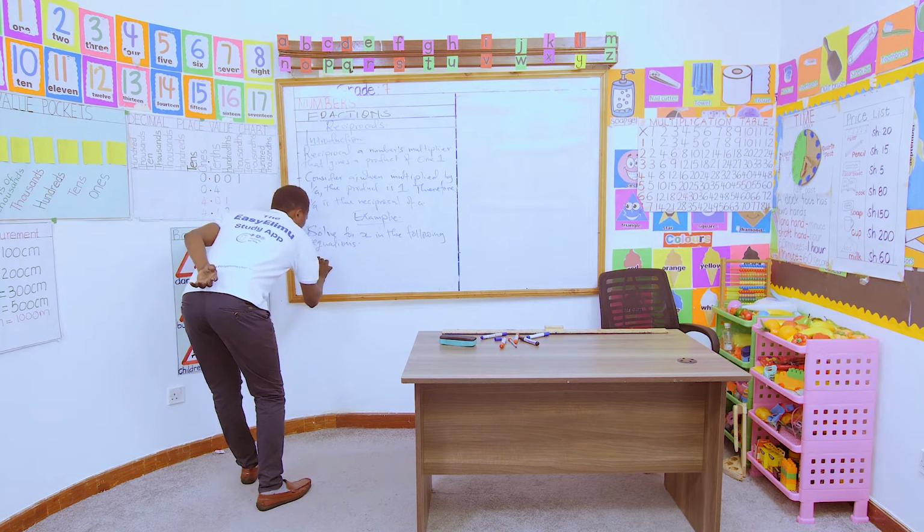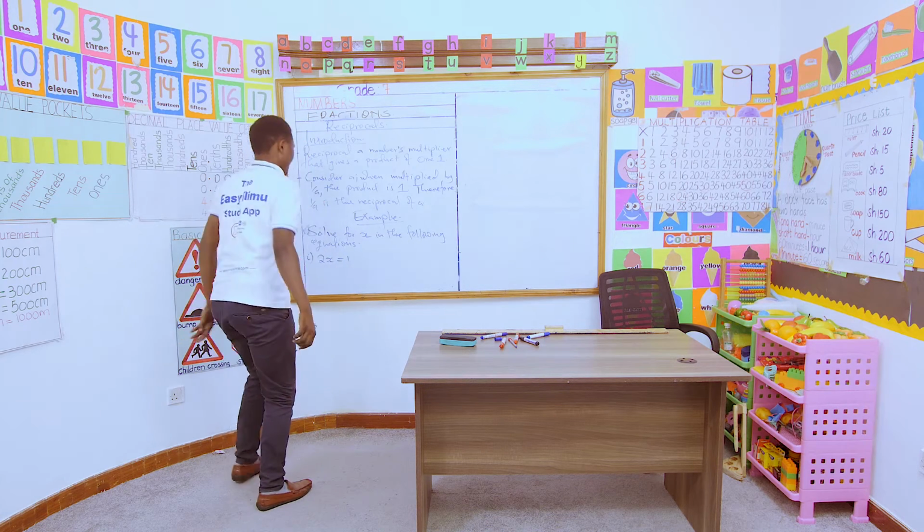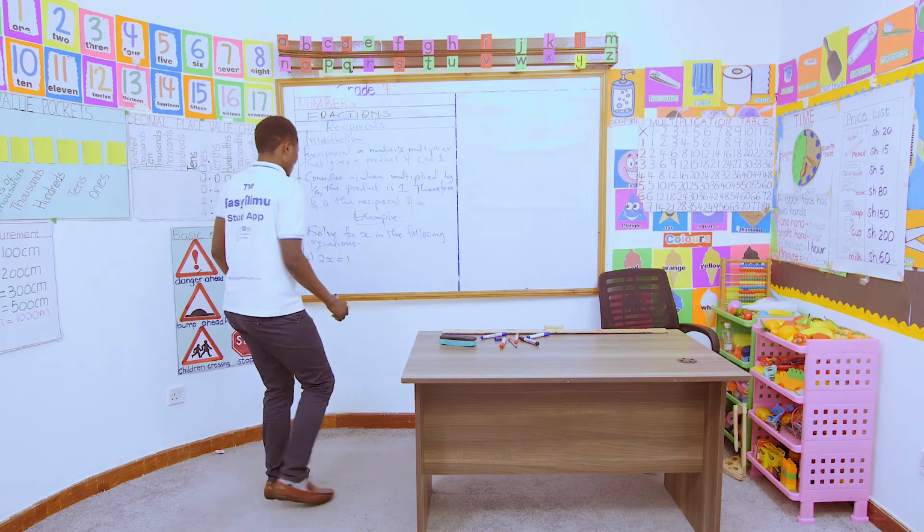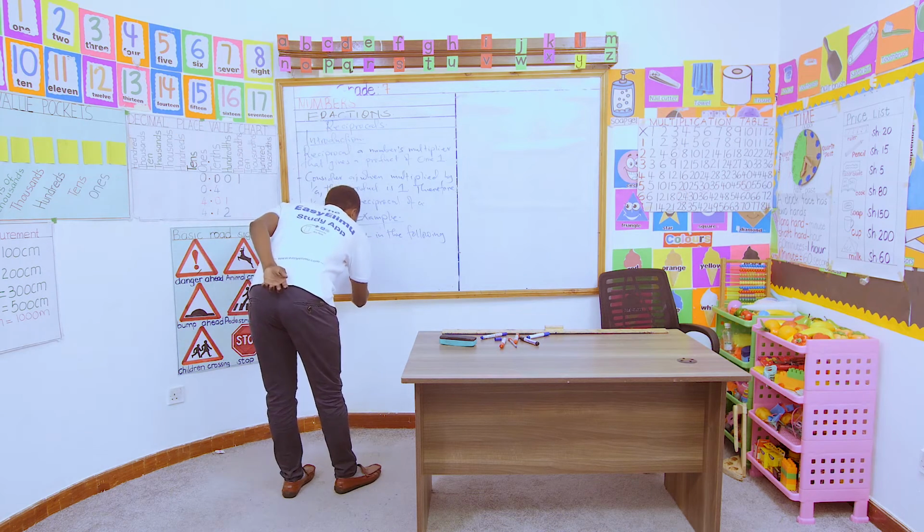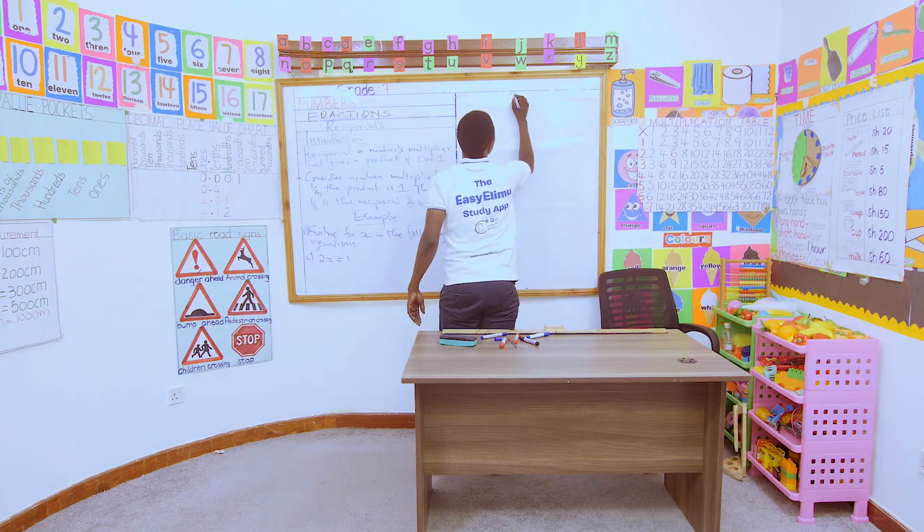Roman 1, we can have 2x is equal to 1. Solution. Allow me to solve it here.